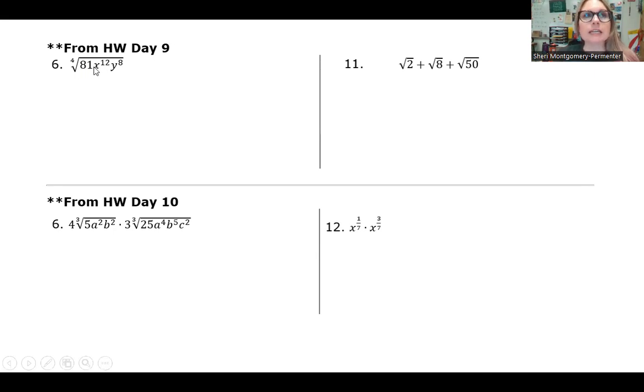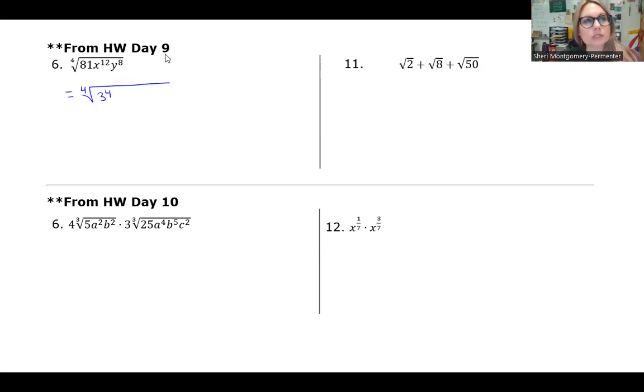If I look at 81 and I look down the column on my chart, is 81 in the x to the 4th column? How can we rewrite 81 so that it's something to the 4th power? 3 to the 4th power. Let's rewrite that. So we get the index of 4, and 3 to the 4th power.